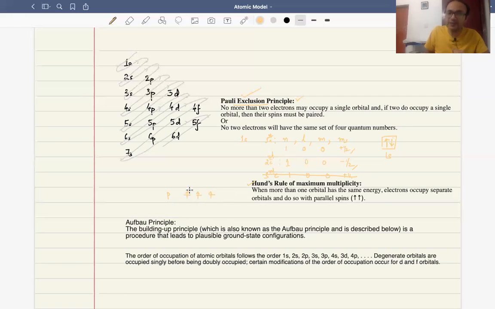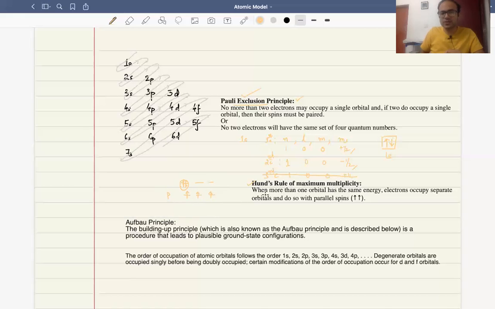Then we pair the electrons. Never fill the electrons like this; when you fill, you do not pair them first. Hund's rule of maximum multiplicity says that you have to first fill up each of the degenerate orbitals singly before pairing them.